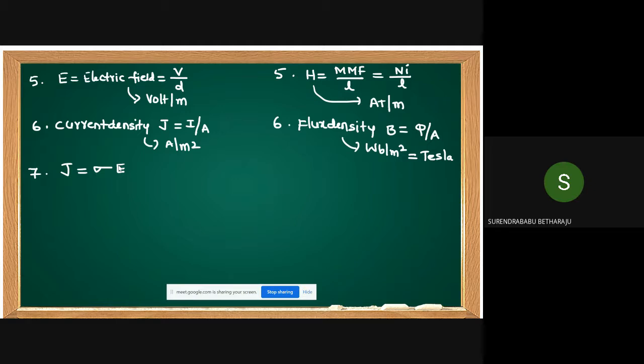J equal to sigma E. In the analogy, J is similar to B, sigma is similar to mu, and E is similar to H. So B equal to mu H.